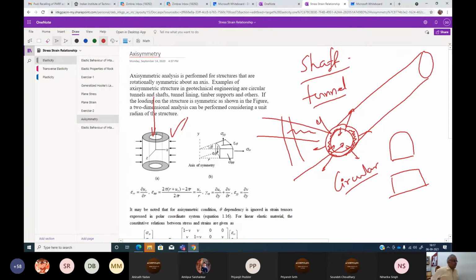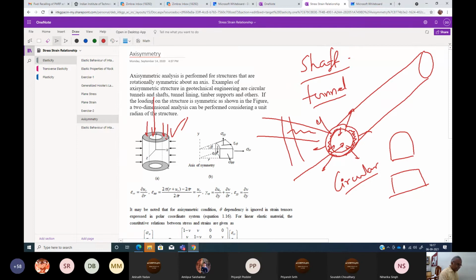Now in an axisymmetric condition, if this is a perfect circle and load is applied in a particular plane, or we can also apply it vertically on top of this annulus.